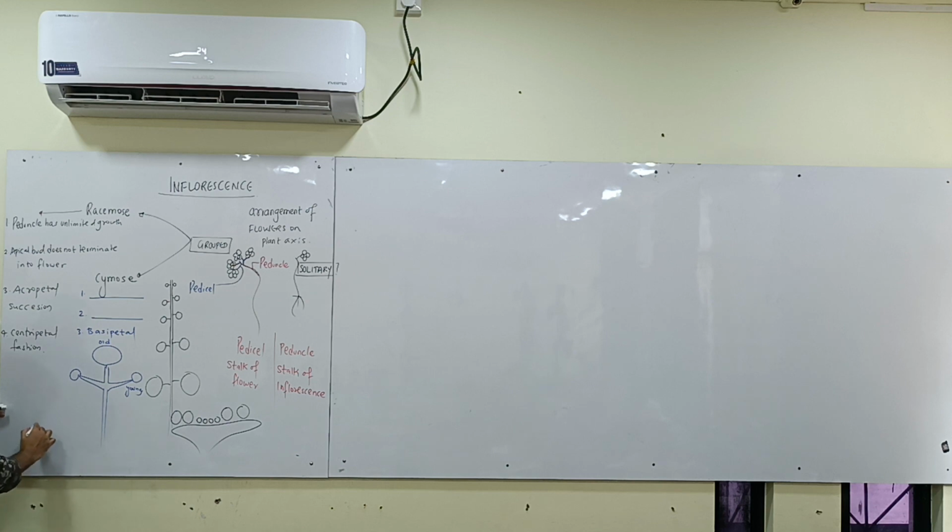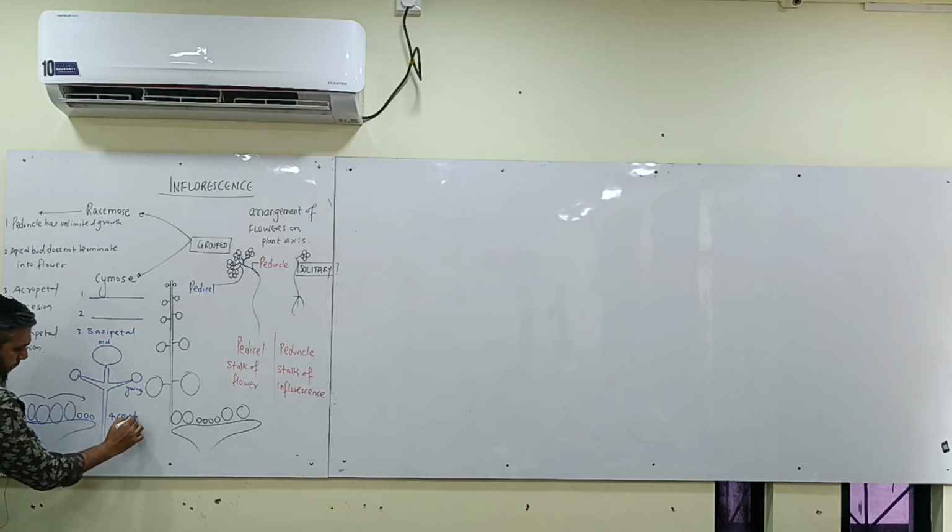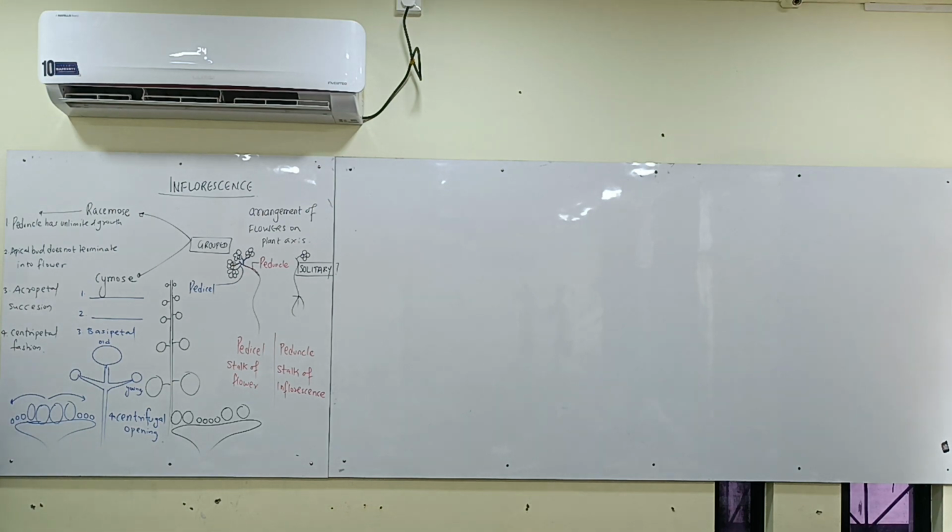Okay. Once again, if I make the thalamus peduncle flat, then सेंटर में कौन से फ्लावर्स होंगे? ओल्ड. पेरिफेरी में कौन से होंगे? यंग. तो पहले कौन खुलेगा? सेंटर वाले फ्लावर्स. So the opening will go from the center towards the periphery, so this opening will be called as centrifugal opening. Yes, centrifugal fashion.